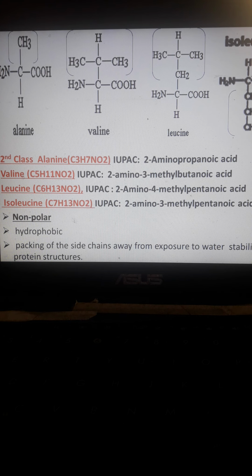Next. Packing of side chains away from exposure to water stabilizes protein structure. So what's important is that the side chain is far from water, so it cannot really react. For example, these are their side chains. Because if it's nearer the water, a reaction can happen.